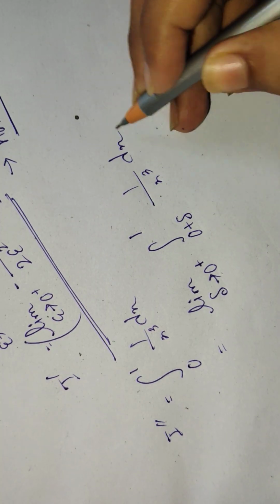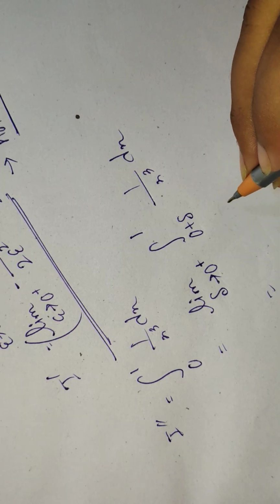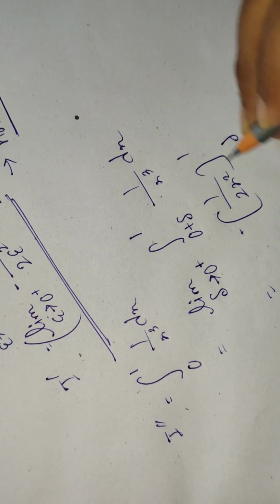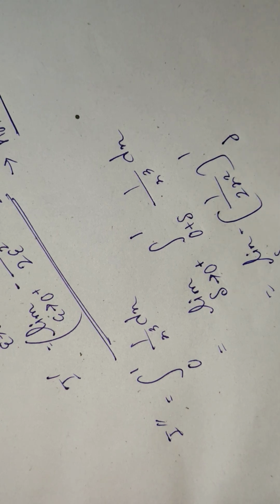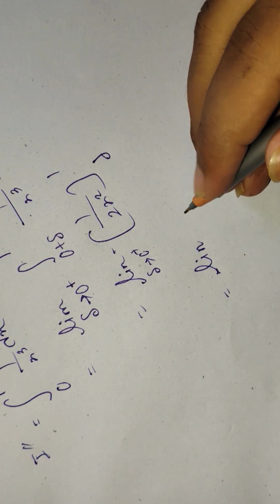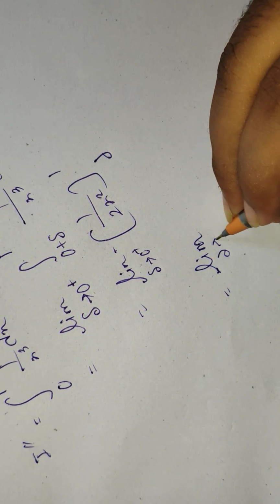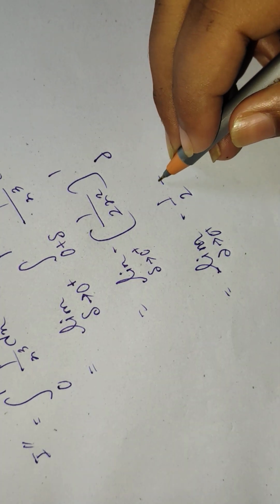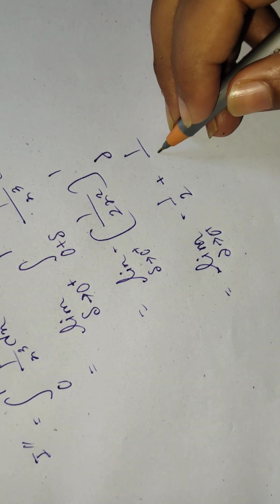Integral of x cube dx. Now it is very easy to solve. This is nothing but minus 1 by 2x square, from delta to 1, limit delta tends to 0 positive. This is minus half plus 1 by 2 delta square.